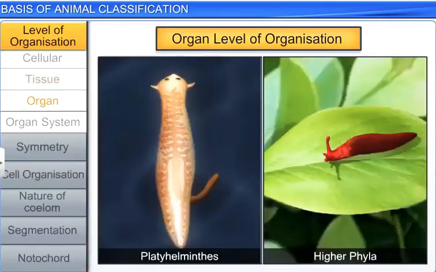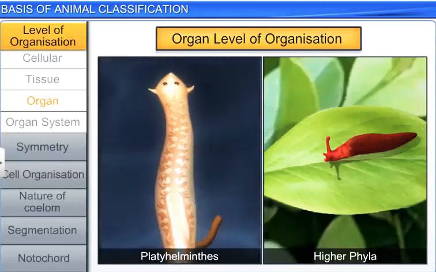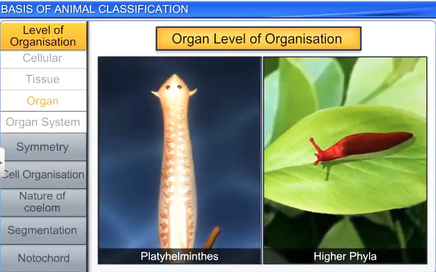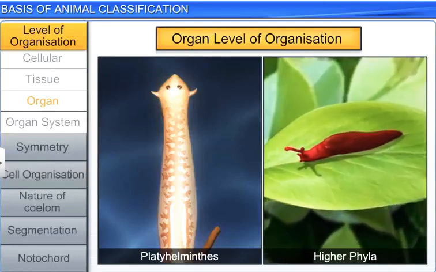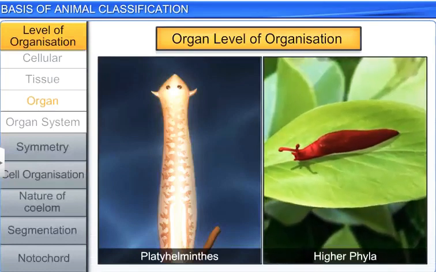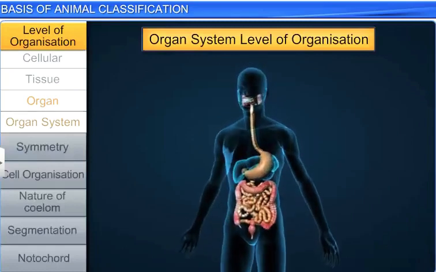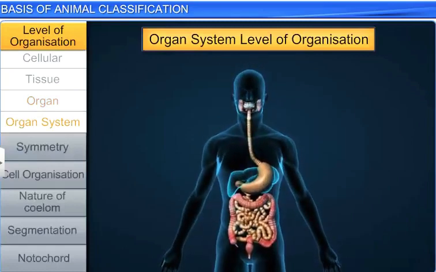Organ level of organization is exhibited in members of Platyhelminthes and other higher phyla. Here, the tissues are grouped to form organs, and each organ performs a particular function. The last cell pattern is the organ system level of organization.